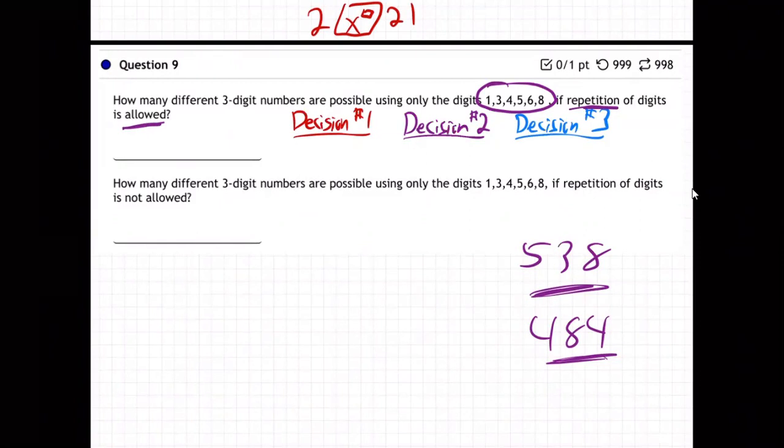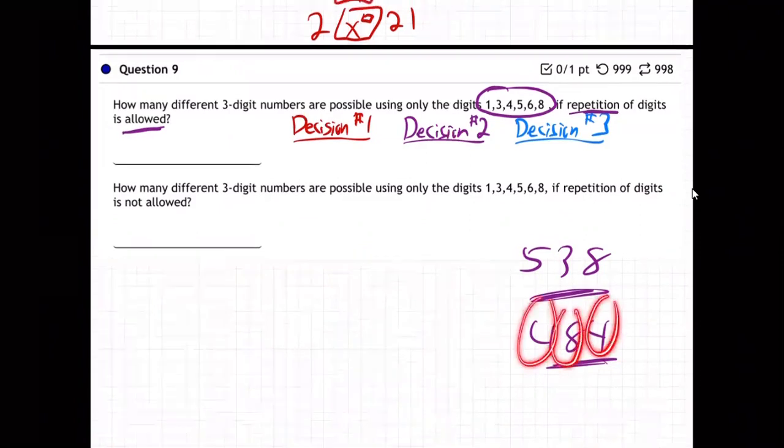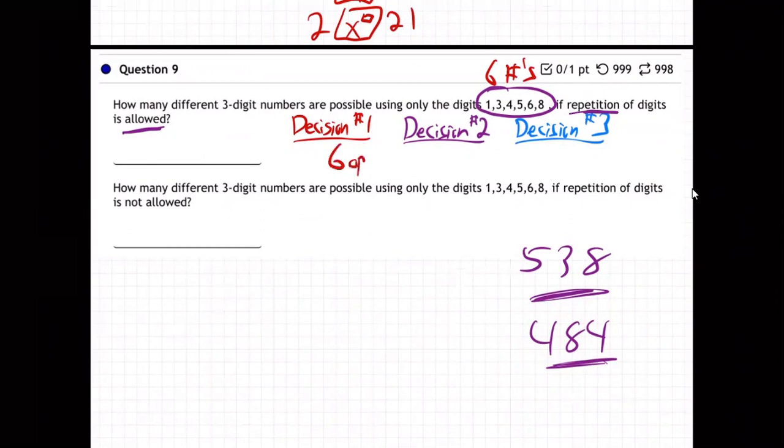Think about what I just did. I made three decisions: I chose a first digit, a second digit, and a third digit. For my first decision, how many options did I have? There are 6 numbers, so I had 6 options, times, for my second decision, 6 options, because I could have chosen any of the 6 numbers, and for my third decision, also 6 options.